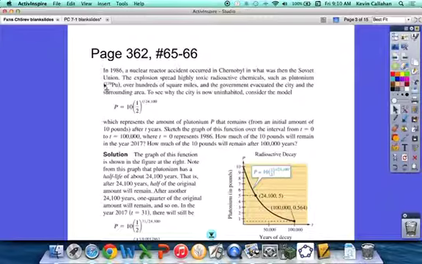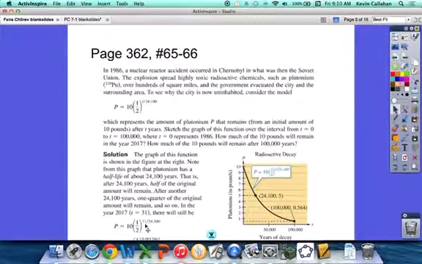It's a half-life kind of thing, right? The amount of plutonium still around after Chernobyl. They wanted to know how much was still around in 2017, which in this problem correlated to t equals 31.